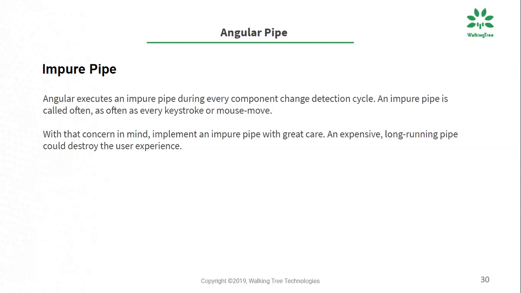In that way we can minimize the risk. Angular suggests using mostly pure pipes, so it will not be a burden to the browser. With pure pipes, you can trigger change detection using the change detection reference.